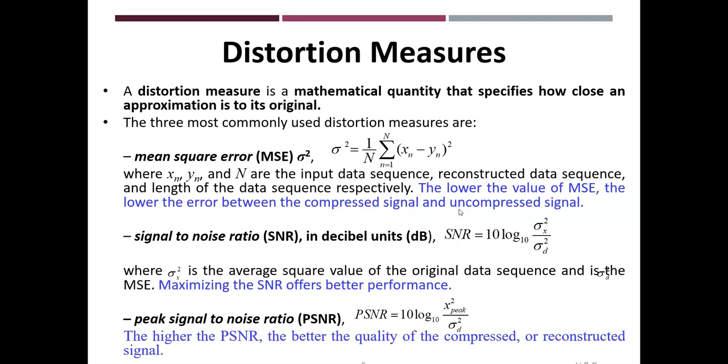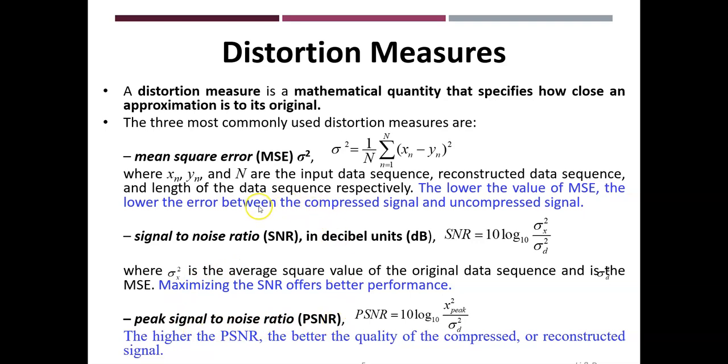So how do we measure the quality of lossy compression? We use distortion measures. A distortion measure is a mathematical quantity that specifies how close an approximation is to its original data. The three most commonly used distortion measures are mean square error or MSE, signal to noise ratio SNR, and peak signal to noise ratio PSNR.